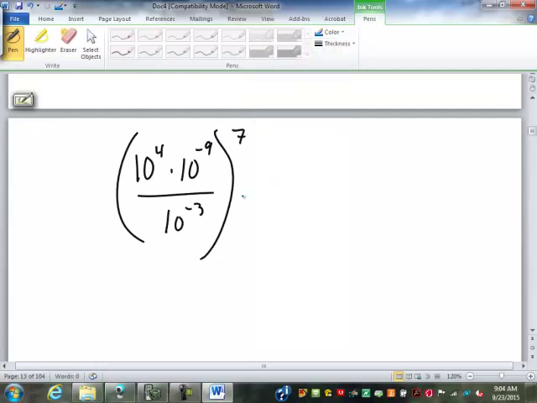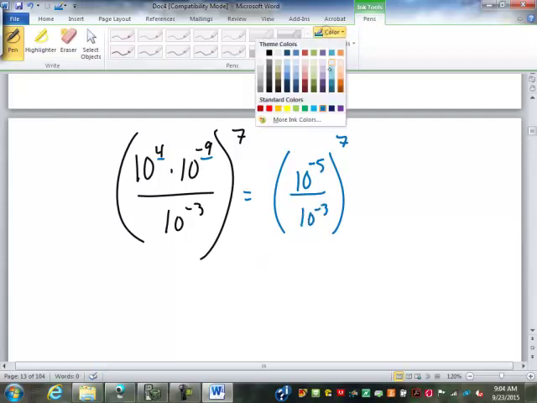How about this one? Well, there might be a couple of steps to go through here. First, on top, 10 to the 4th times 10 to the negative 9th will be 10 to the... We're multiplying, so we're going to add the powers. 4 plus negative 9 is negative 5. 10 to the negative 3 on bottom, there's nothing else to do with it.